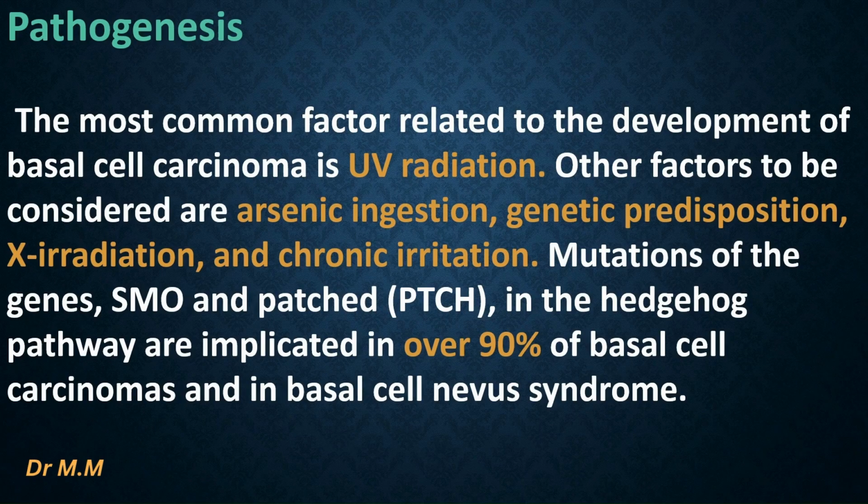Pathogenesis. The most common factor related to the development of basal cell carcinoma is UV radiation. Other factors to be considered are arsenic ingestion, genetic predisposition, X irradiation, and chronic irritation. Mutations of the genes SMO and PTCH in the hedgehog pathway are implicated in nearly 90% of basal cell carcinomas and in basal cell nevus syndrome.